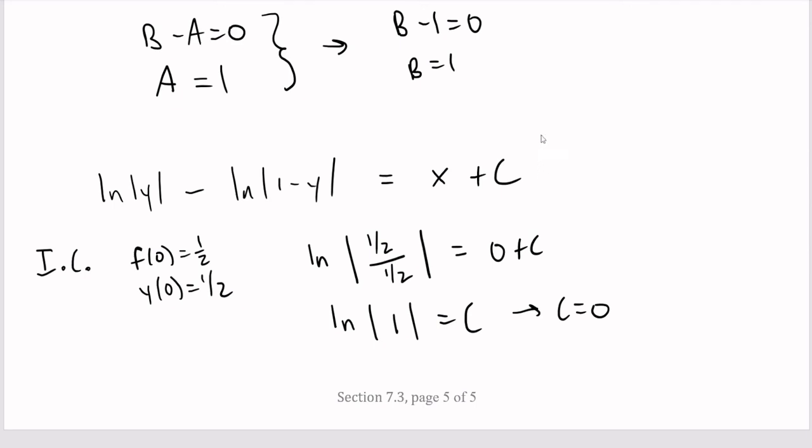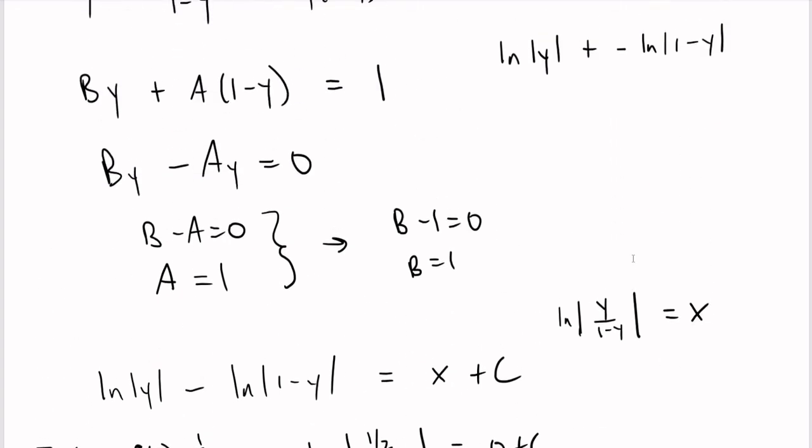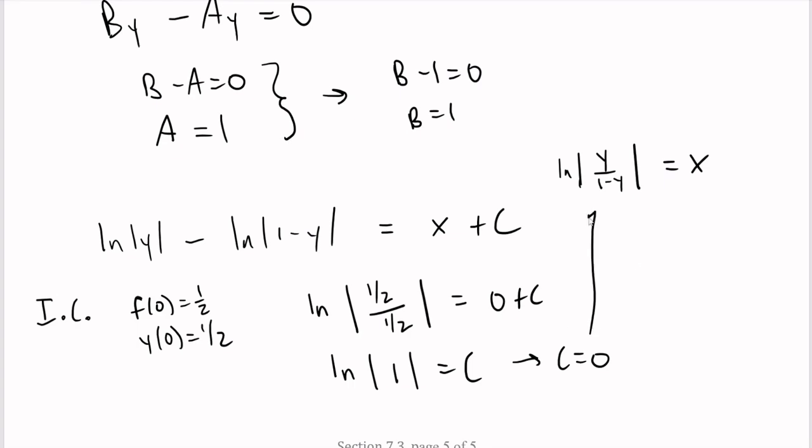And so all together, we have natural log of, and then you can combine this if you want, y over 1 minus y, just again using log rules, equals x. Okay, now at this point, we're kind of stuck here a little bit because this is a good place to start, right?